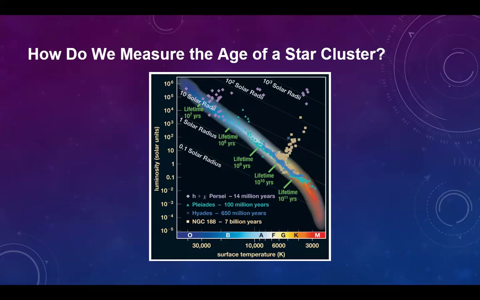The Pleiades turns off here, so it's about 100 million years old. The Hyades turns off here, so it's about 650 million years old. And NGC 188 turns off here, so it's about 7 billion years old.